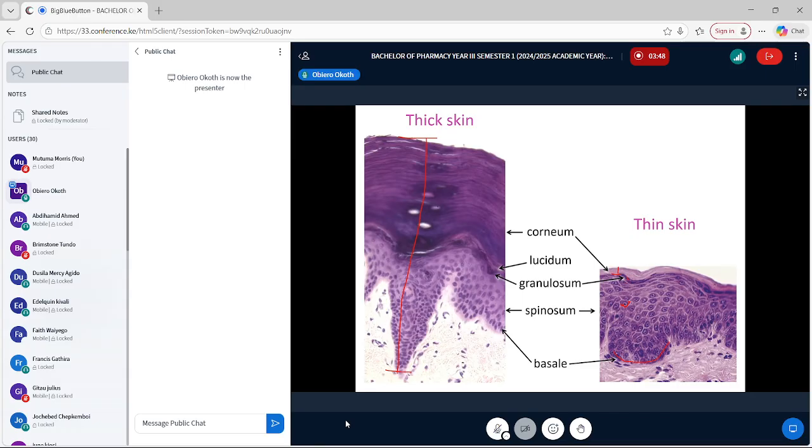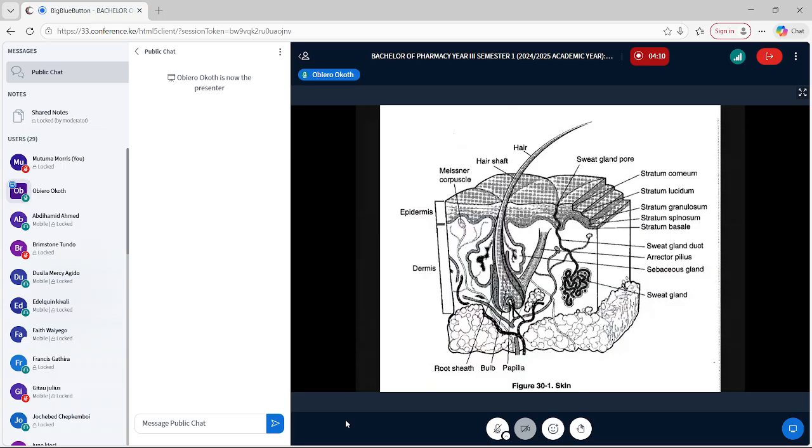So there's a thin skin, the one you find over the body. There's a thick skin. The thick skin basically is that the stratum corneum is much thicker. Palm and the sole, other areas. The scalp has more hair. The scalp, you'll see a lot more hair. It's again the same thing.